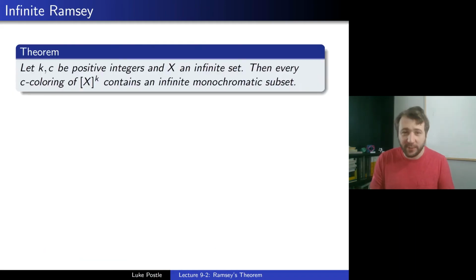So, infinite Ramsey. Ramsey's theorem holds for infinite graphs, and even this multicolor hypergraph version. How does that work? Let K, C be positive integers, and X an infinite set. Then we claim that every C coloring of X to the K contains an infinite monochromatic set. So maybe stop and just appreciate that. If we C-color the K subsets of an infinite set, there's an infinite monochromatic subset, right?